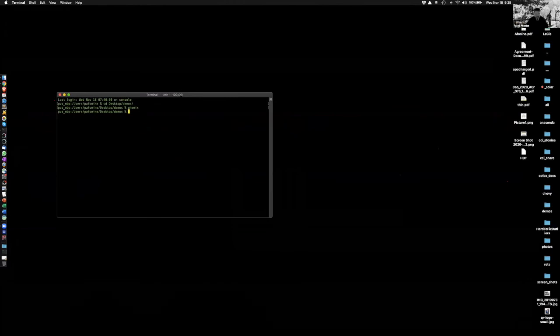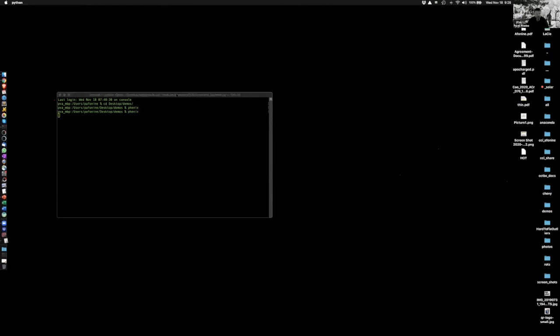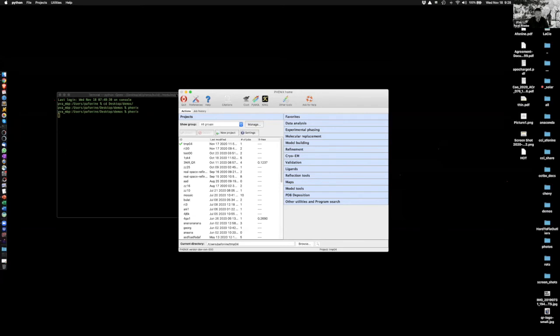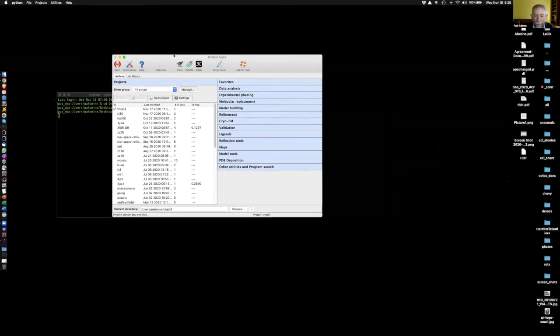So literally, I'm going to run through a quick demo just to show how things look and what you might need to pay attention to when running Refinement. I'm going to set up Phoenix GUI, having Phoenix in my command line, and depending on your system, you might do it differently.